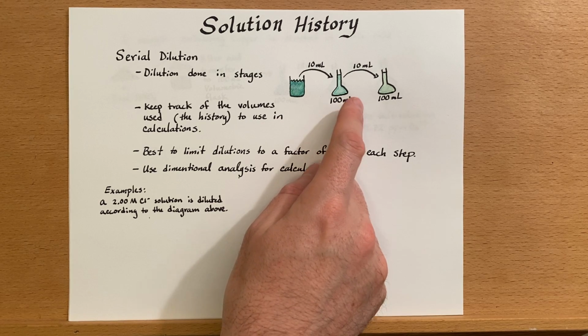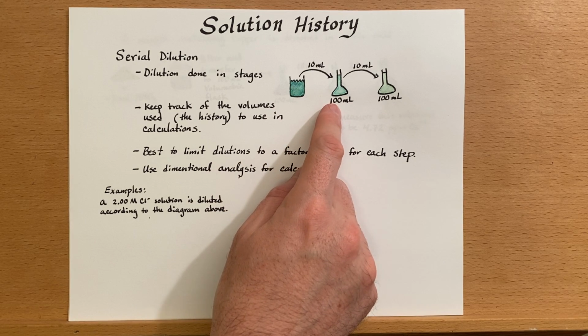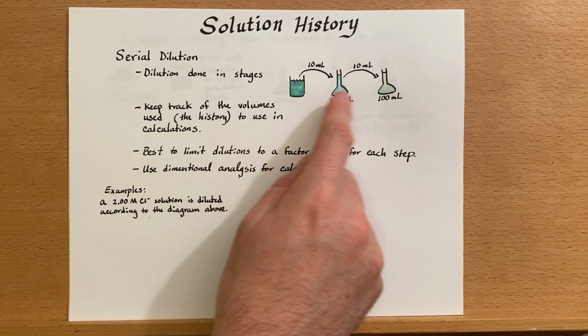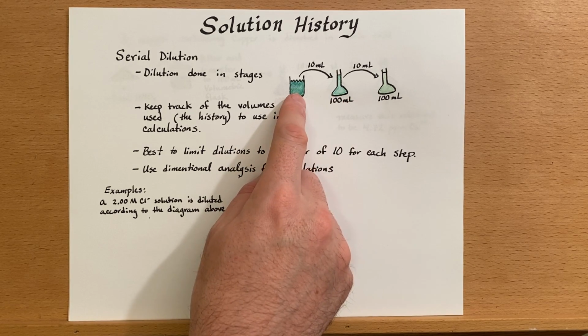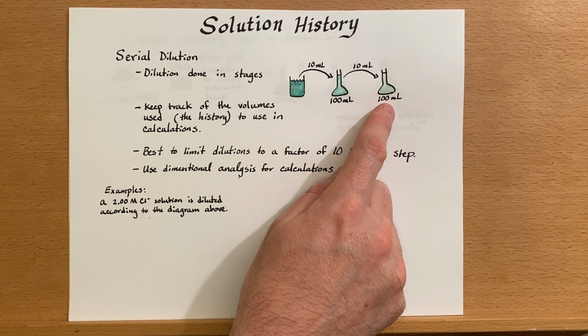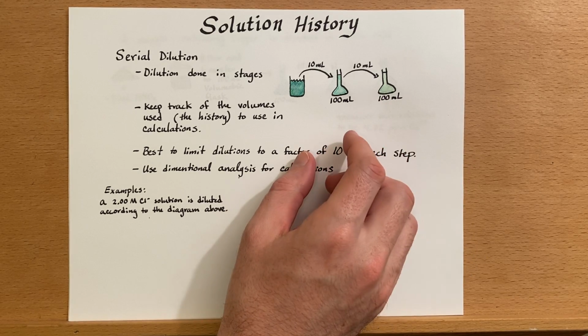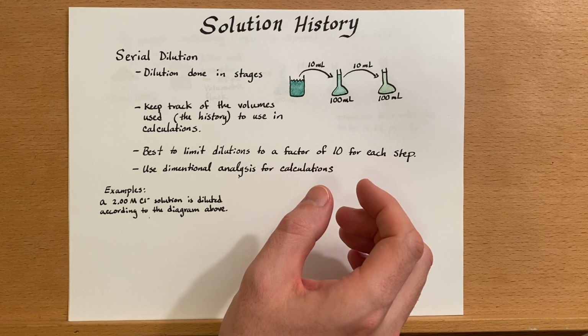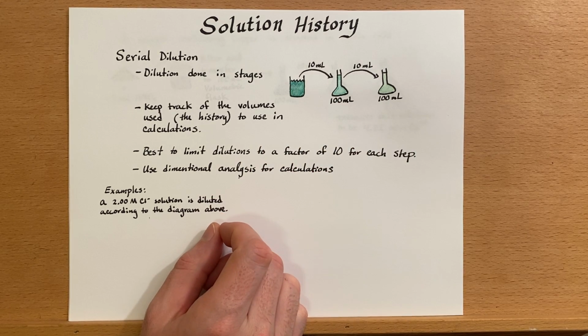But if I were to take 1 milliliter and put it into 100, yes, that would have the same result as going from this solution directly to that one, but I often find that it's difficult to mix that solution well, and it's difficult to maintain the accuracy, and sometimes it's just a little bit too much. So it's better to do it in multiple steps.